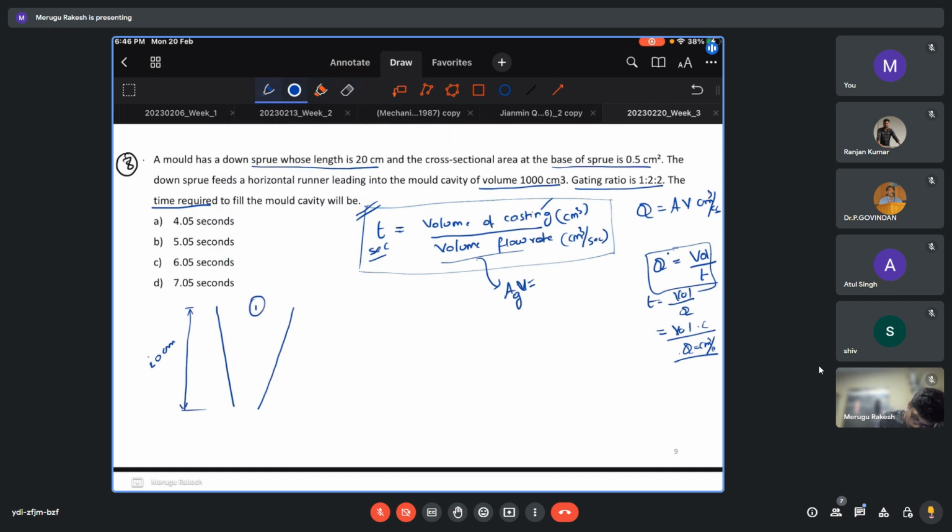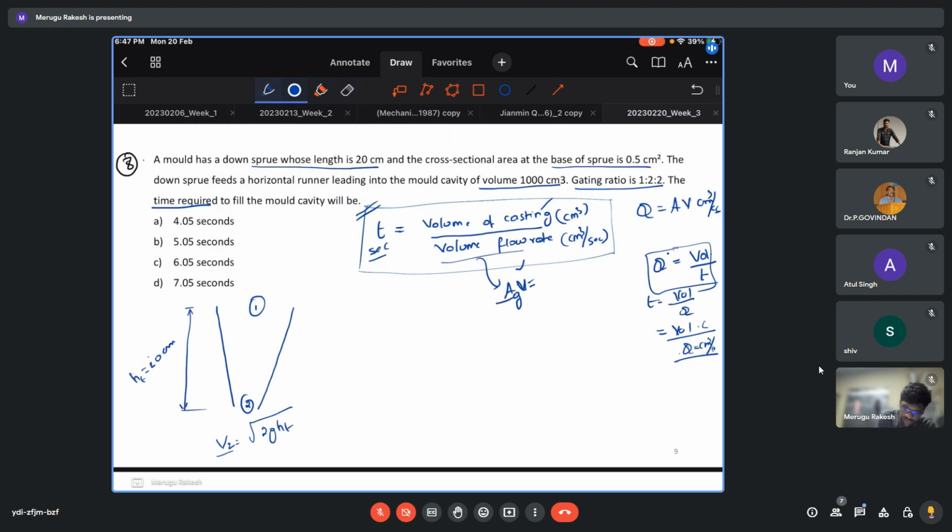So if this is 1, assume this is 2. If you apply Bernoulli principle between 1 and 2, if you equate all potential, kinetic and datum heights, then you will end up with V2 is equal to square root of 2gh.